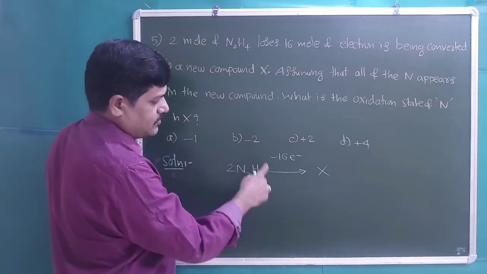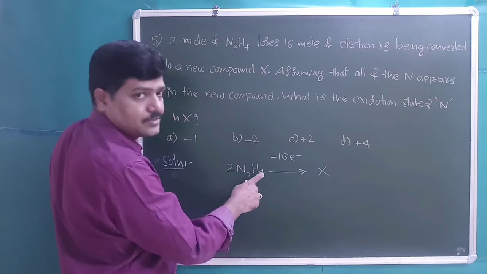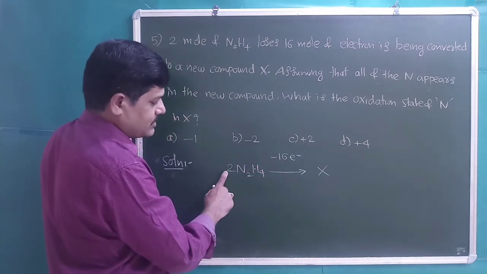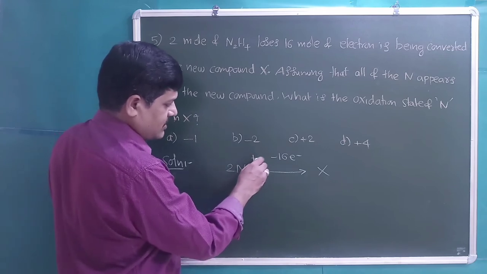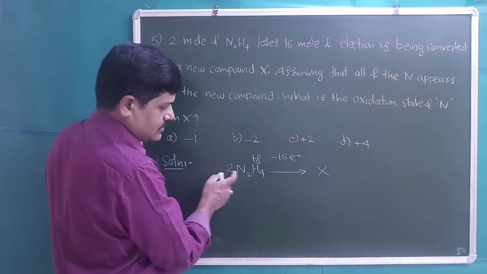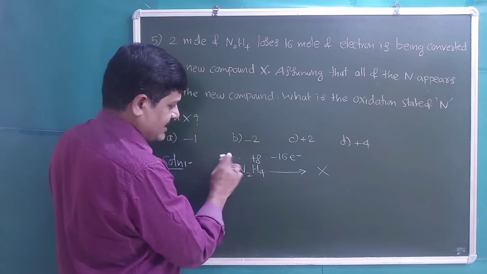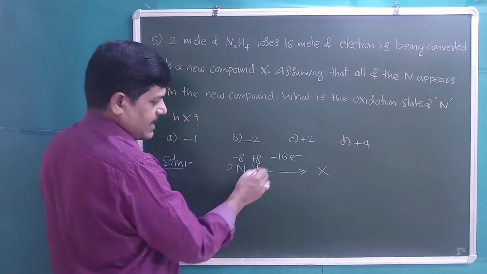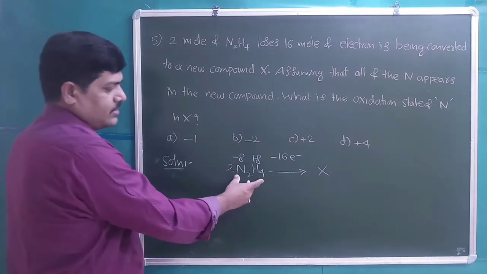So +1, 4 hydrogens are there, +1 into 4 is +4, right? But for 2 moles, +4 into 2 is +8 we will get. Then for 4 nitrogen atoms, 2 into 2 is 4 nitrogen atoms, the oxidation state will be -8. -8 plus 8 is equal to 0. This is for the 2 moles of N2H4.